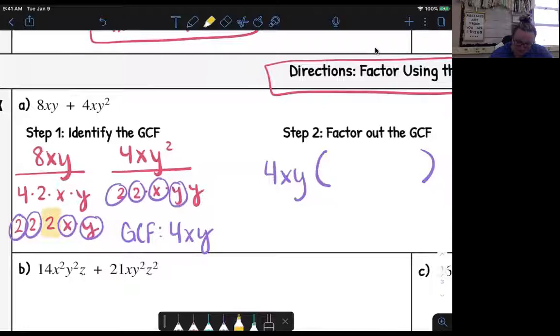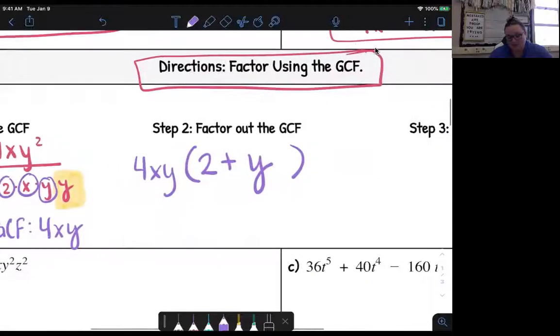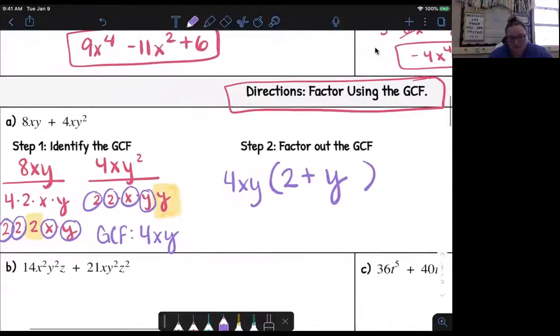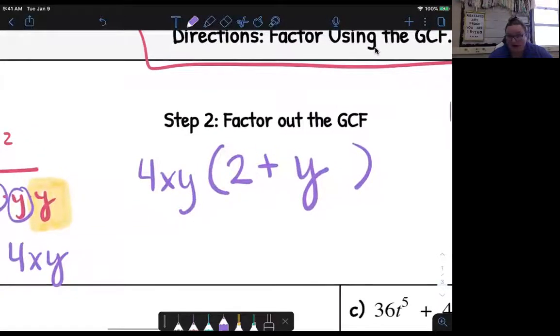So I'm going to have 2. Then I'm going to have a positive. Well, if I factor out a 4, an x, and a y, all that's left in 4xy squared is y. So I'm going to have plus y. So the factored form of 8xy plus 4xy squared is 4xy times (2 plus y).